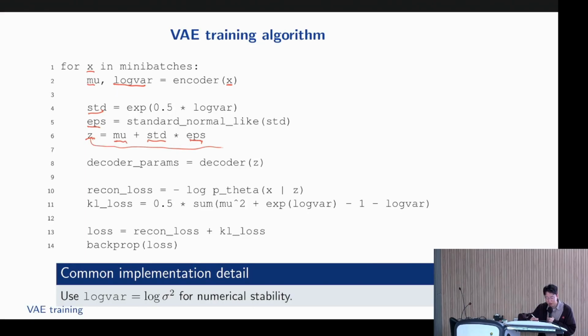It gets inserted into the decoder, which outputs the decoder parameters, and you can evaluate your likelihood of the same data point here, given your constructed Z. KL divergence loss, we had closed form solution, copy pasted. So it's a sum of reconstruction loss and KL loss. And then we backprop through the loss. Don't worry, you're going to implement everything for the homework and teach yourself.